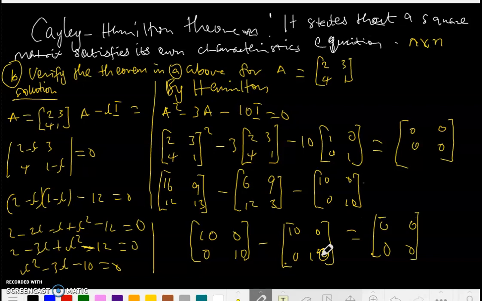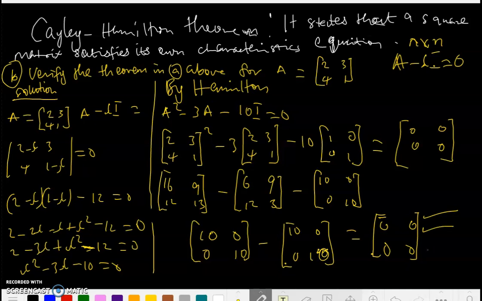So indeed, you can say that this matrix satisfies the Cayley-Hamilton theorem, because according to the theorem, a square matrix satisfies its own characteristic equation, and at the end of our computations the result matrix is the zero matrix.